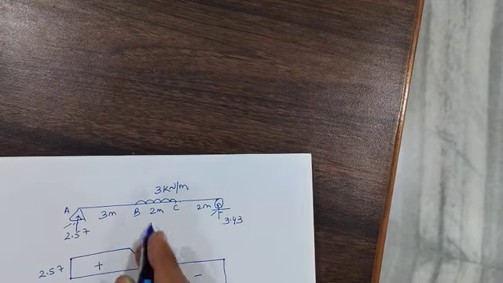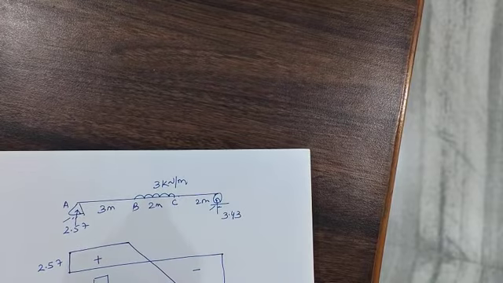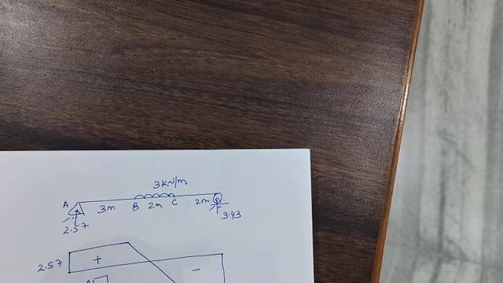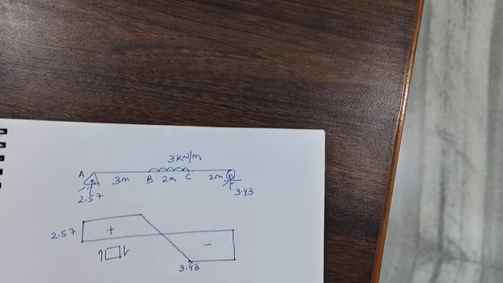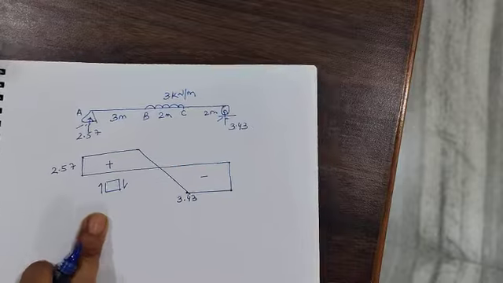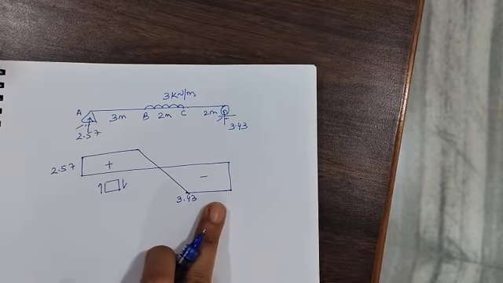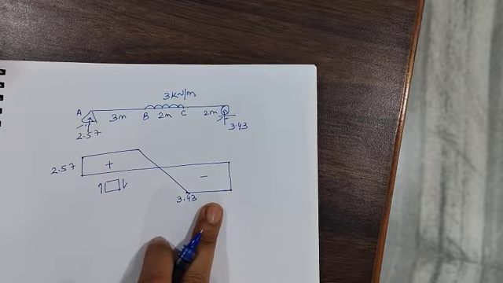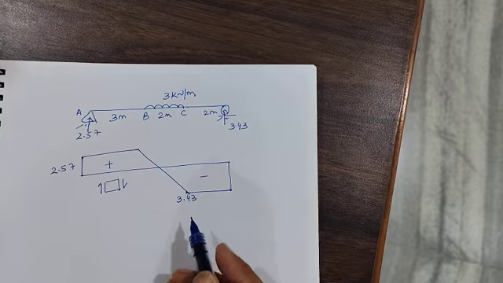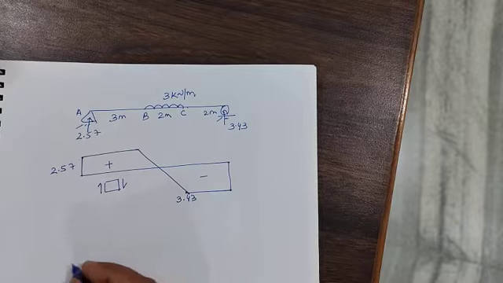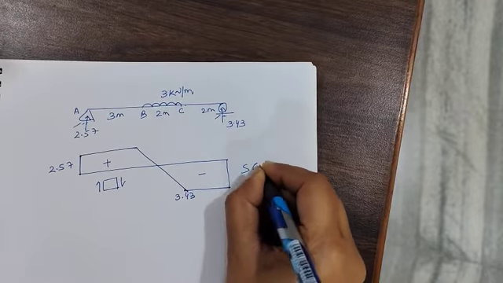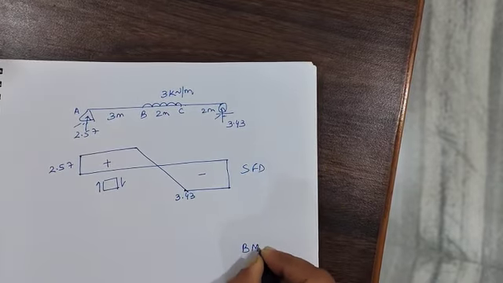Positive means in this particular part, the beam will experience a system in which the left hand side will try to go up and the right hand side will try to go down. Whereas in this, it is the opposite. Okay. So this is the SFD. Next thing is drawing of the bending moment diagram.